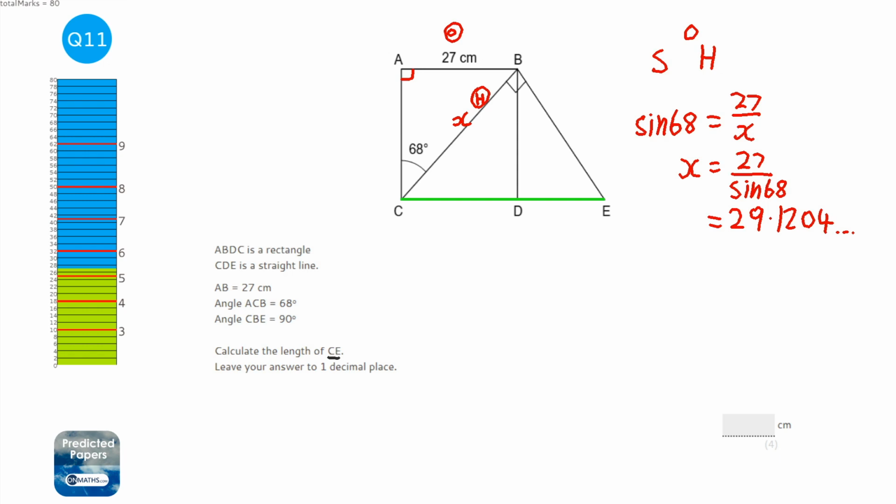So the next thing I need to do is work out CE. Now I'll need this angle here, which actually I can just take away 68 from 90, because it's a rectangle, the whole thing will be 90 degrees. So I'm just doing 90 take away 68, which is 22, so that's 22 degrees.